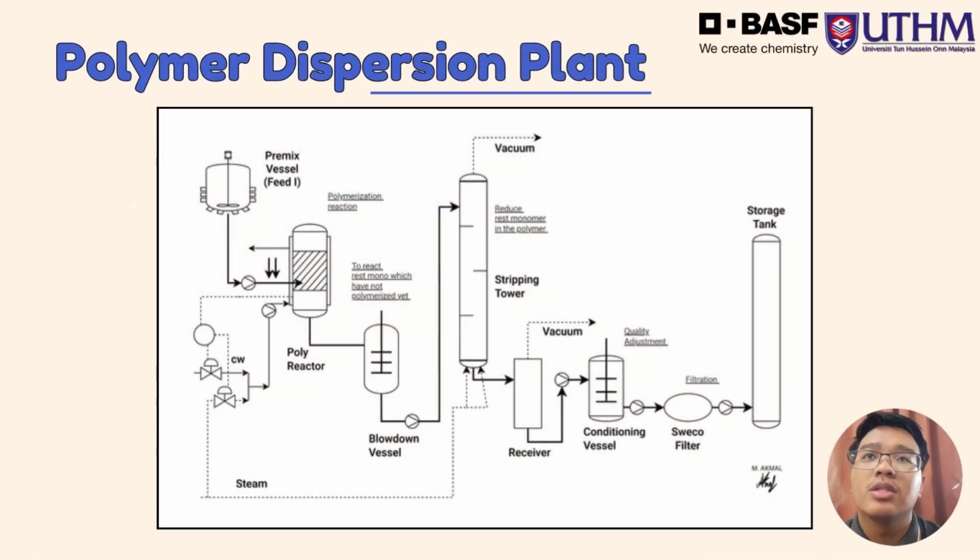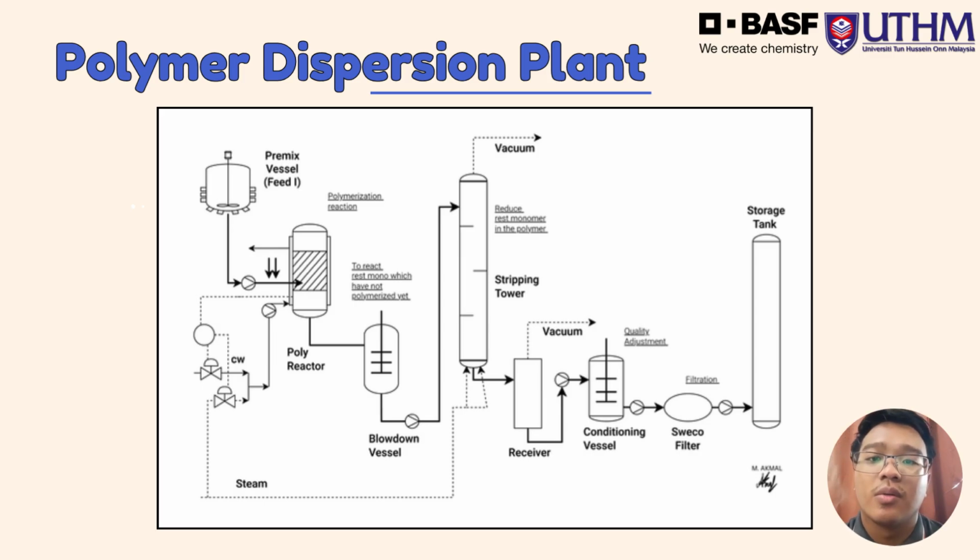So this is our polymer dispersion plant P&ID. Firstly, we go to the premix vessel, where the raw material is mixed with other additives. Next, the solution goes to the polyreactor for polymerization or curing of the reactions.